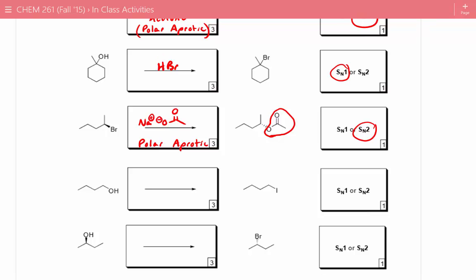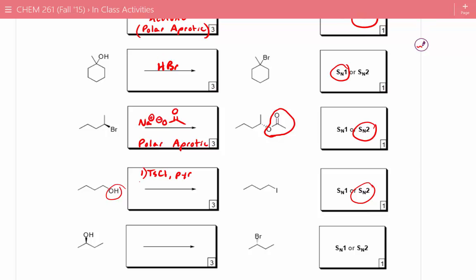Next one, we've got hydroxide, and we're trying to convert that to an iodide. Is this going to be SN1 or SN2? SN2. It's a primary electrophile, but again, we're stuck with a crummy leaving group. What should we do with an SN2 reaction when we want to convert it to a good leaving group? Yeah, tosyl chloride and pyridine first. So I'll write TsCl and then pyr, just to save some time.